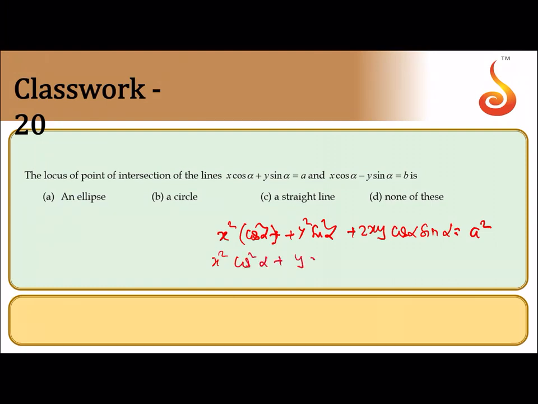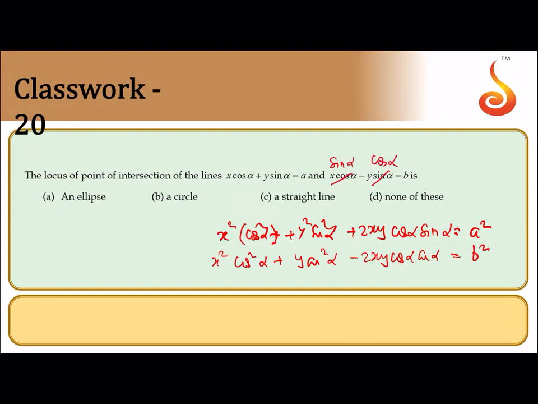Similarly, x square cos square alpha plus y square sin square alpha minus 2xy cos alpha sin alpha is equal to b square.